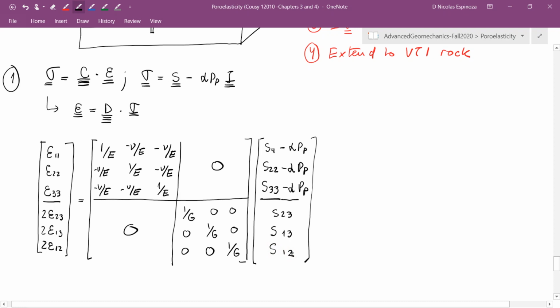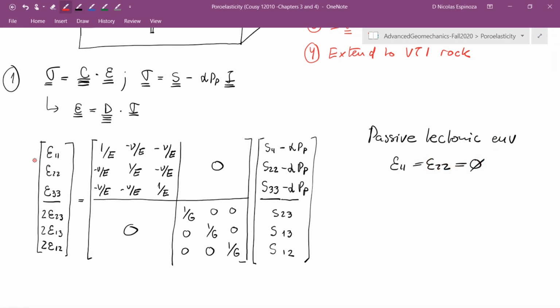Okay, let's apply now the boundary conditions that we usually apply for a medium under a passive tectonic environment. Those are that the horizontal strains are 0, and with those conditions, epsilon 11 is equal to epsilon 22, and those two are equal to 0.